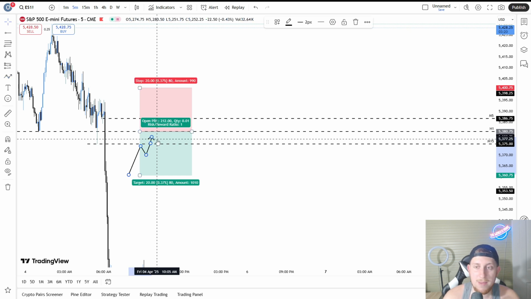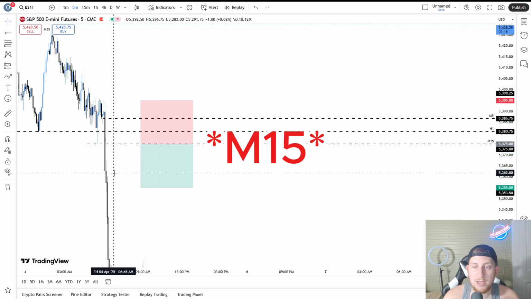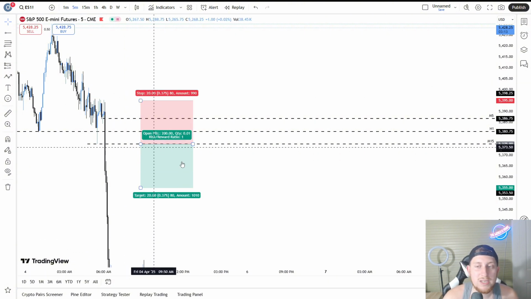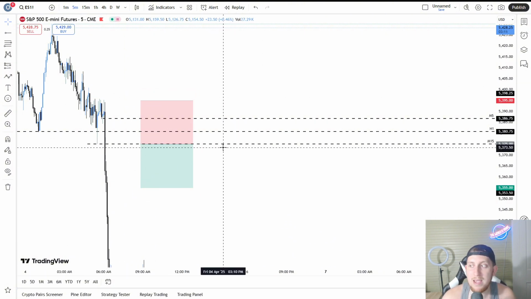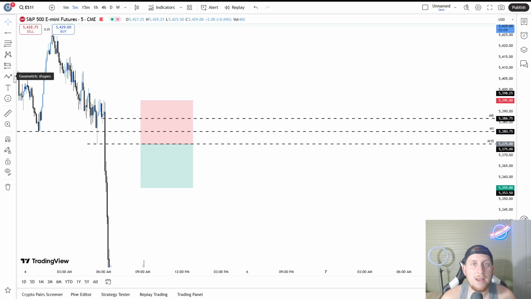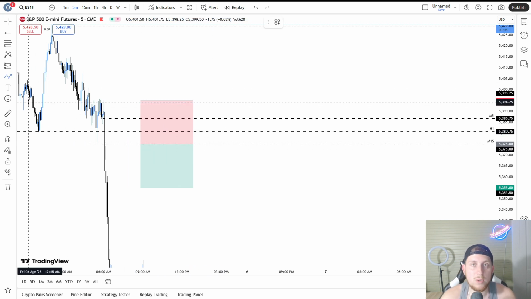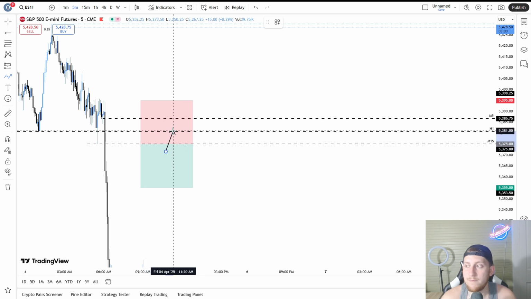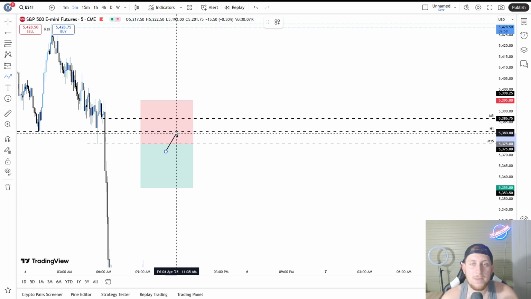And the other thing about it is when you have your entry on the H1, you might take a little more drawdown if it goes up, but just like I said a second ago, you might get a sniper entry off this M15. That might be the time frame it rejects off of. Worst comes to worst, it doesn't reject off the M15. You have the H1 for it to possibly reverse off of, and you have that M5. You have 3 time frames for it to reverse.